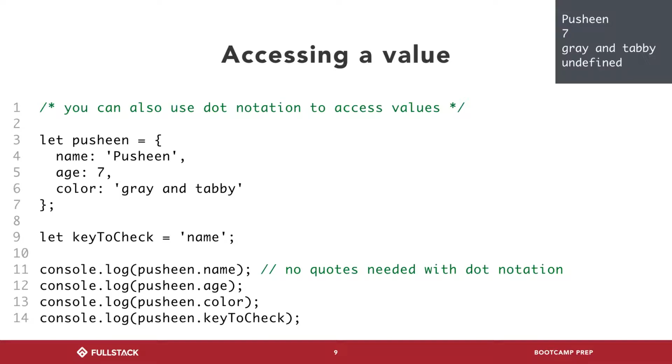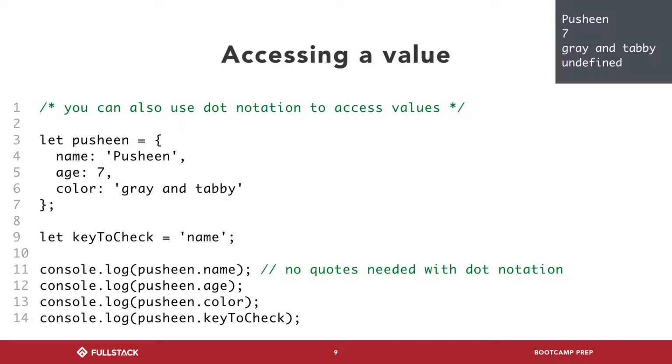It's not going to be a variable. It's not going to be something else. It can only be a string. And so if I want to access a name key on this Pusheen object, I do Pusheen.name. That's effectively the same thing as doing Pusheen bracket notation string name. And basically this just means that whatever dot whatever, that whatever is going to be converted into a string before we look for it. So it's making that assumption for us.